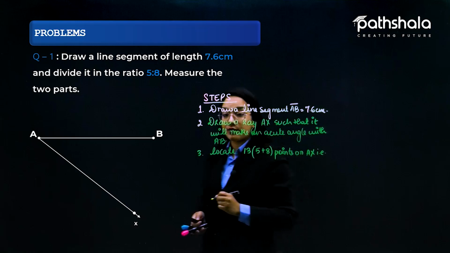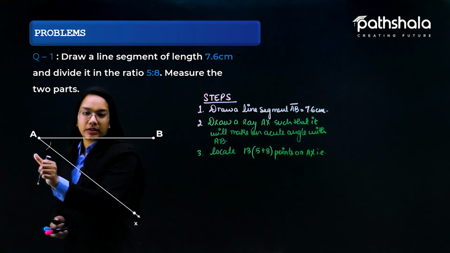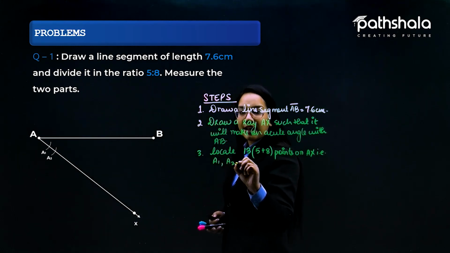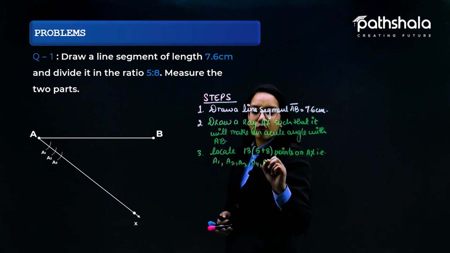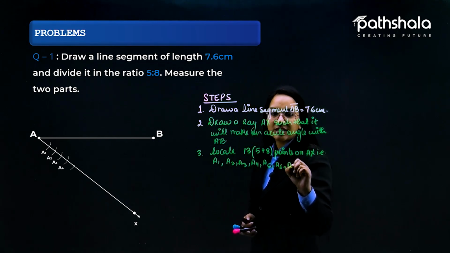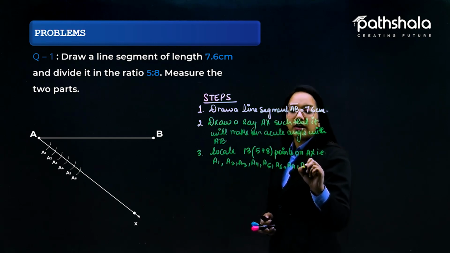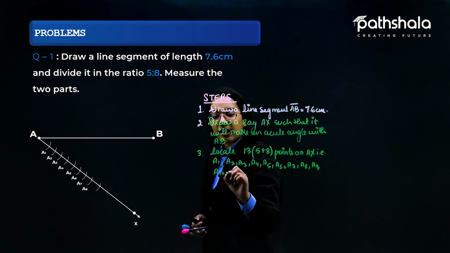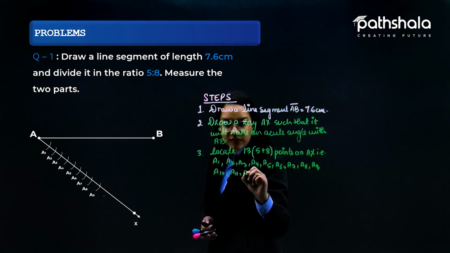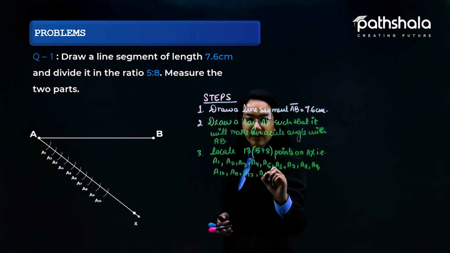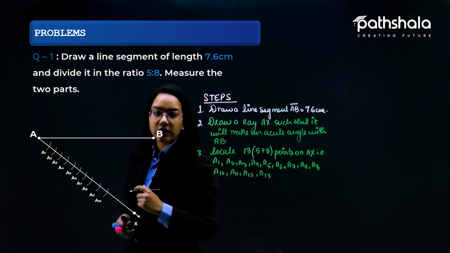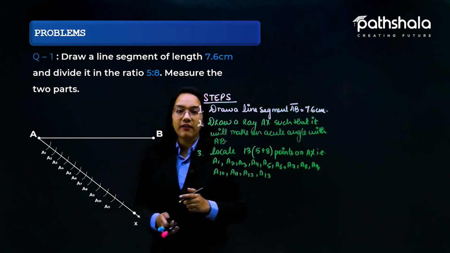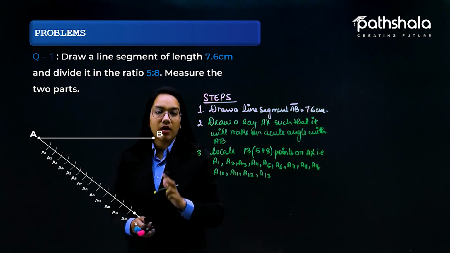Using the compass, I mark arcs and call them A1, A2, A3, A4, A5, A6, A7, A8, A9, A10, A11, A12, and A13. So we have drawn 13 equal arcs over here.